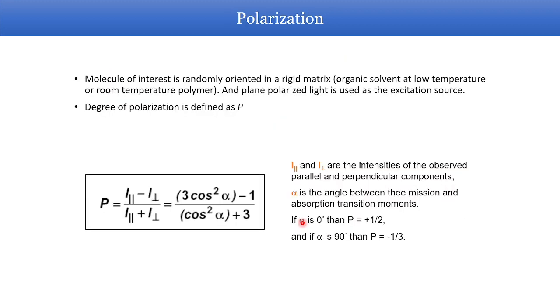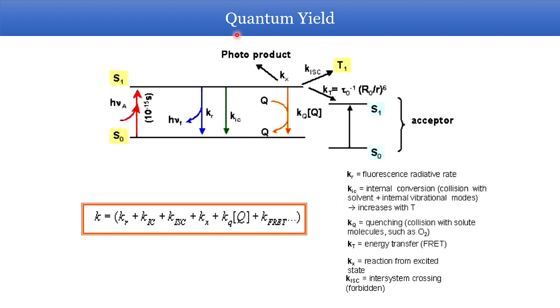And these are the complicated equations of quantum yield, where k equals the summation of all these terms. We have the fluorescence radiative rate, then the internal conversion, that is by collision with the solvent plus the internal vibrational modes that increase with temperature.